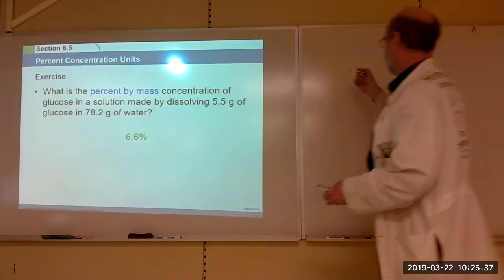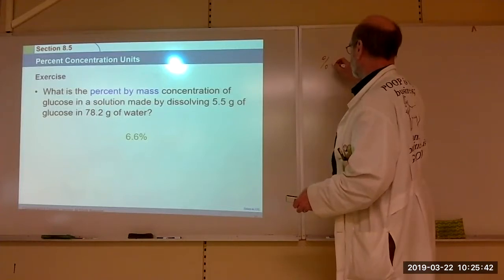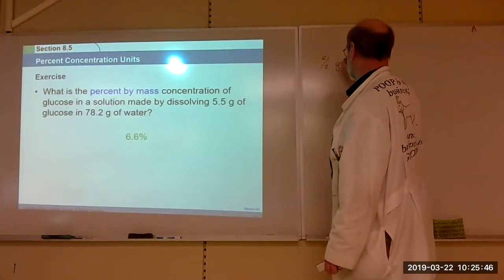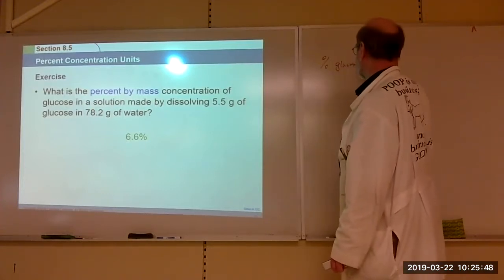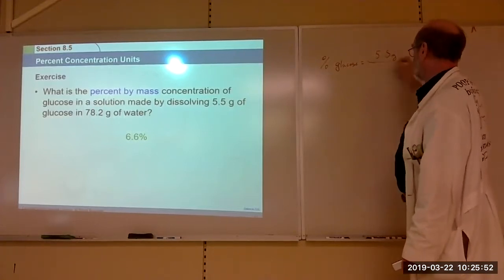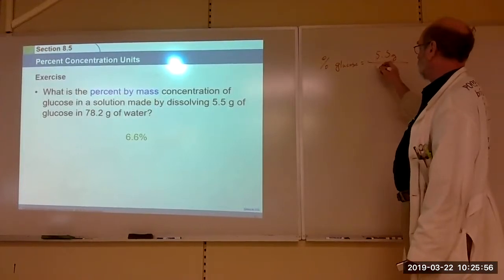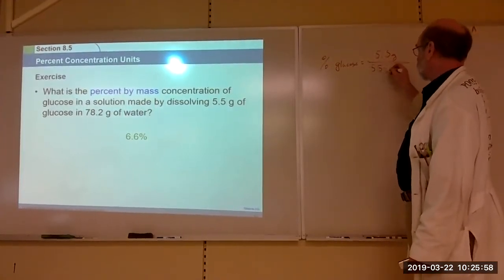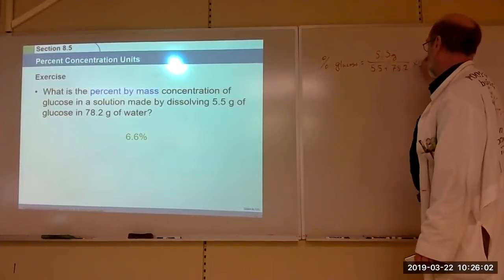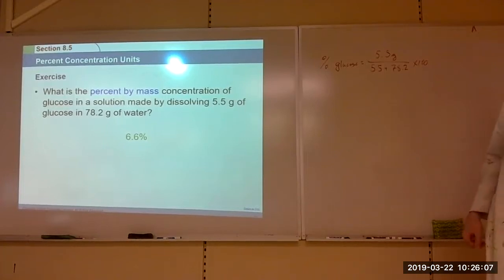So the percent glucose is equal to 5.5 grams of glucose, and then the mass of the solution is 5.5 plus 78.2, times 100. So you have to add those two together.